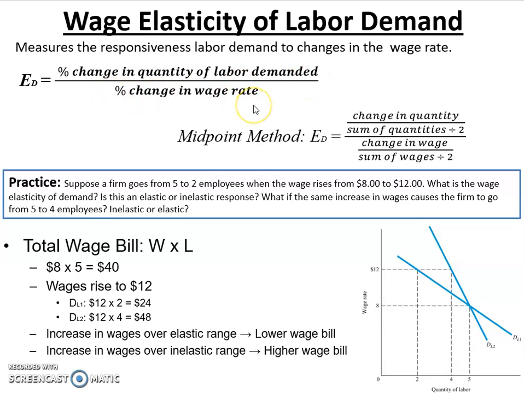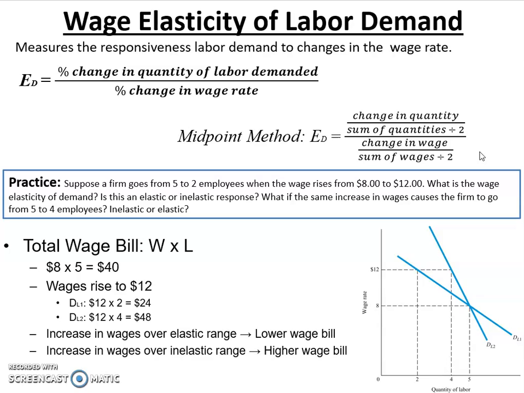The denominator is the same, the percentage change in the wage rate. So this is the formula for the elasticity of demand. We always use the midpoint method if we're not given the percentages, and the midpoint method is calculated in this manner. If you don't recall how to do these calculations, it might be worth revisiting that previous video on the elasticity of labor supply.